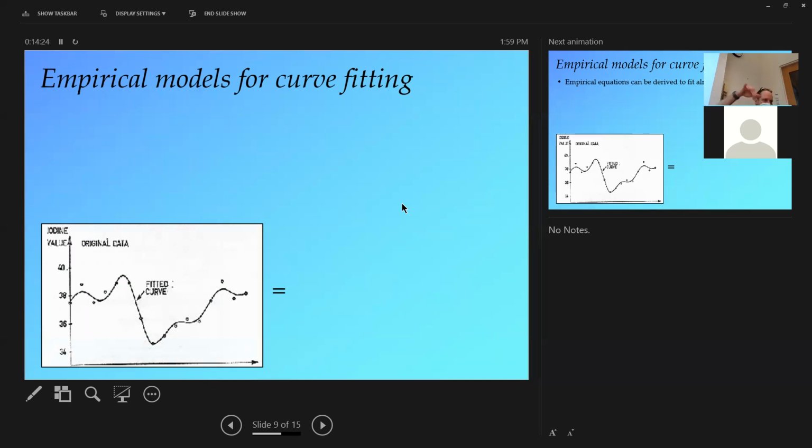You can take almost any set of data and fit a line to them, but it's not necessarily a very mechanistically satisfying explanation. So empirical models, equations can be used to fit almost any data that you have.